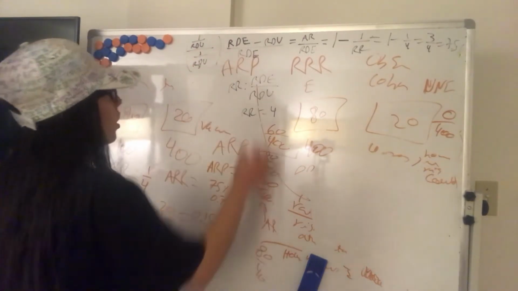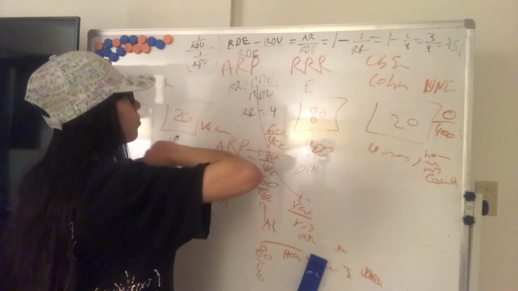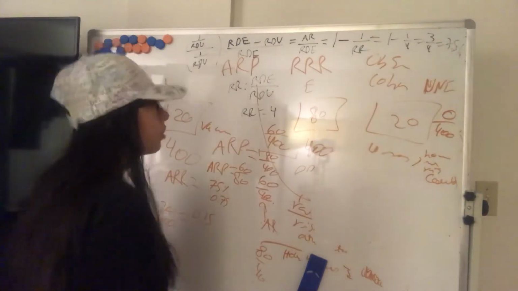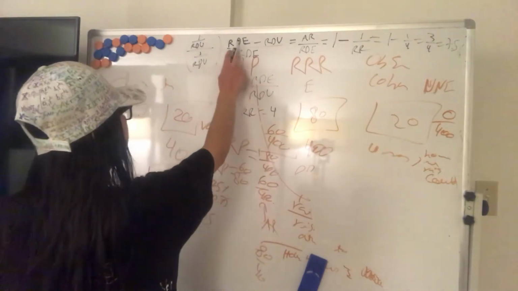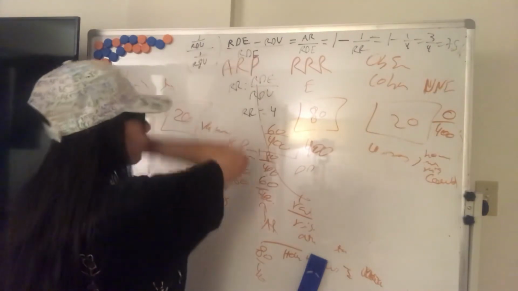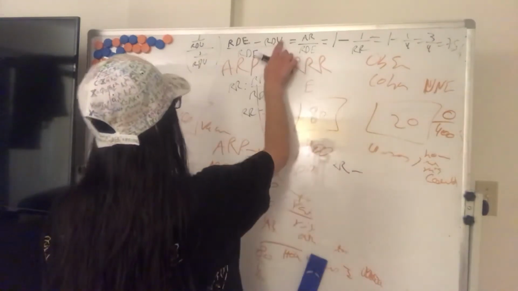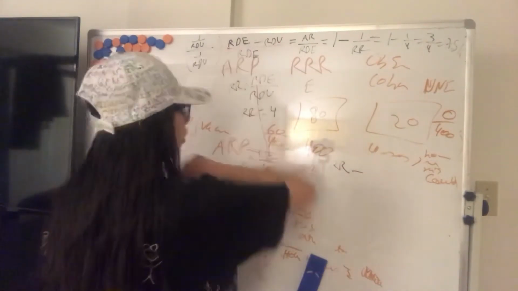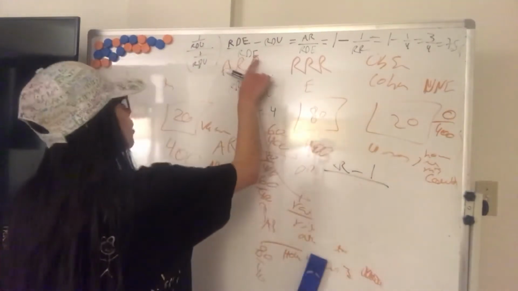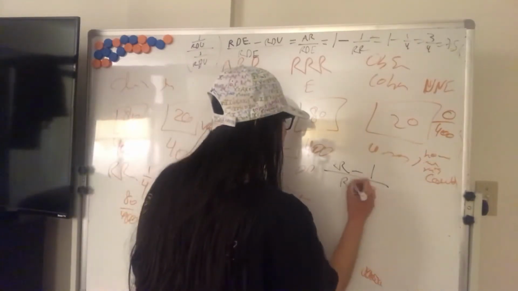Or you could think of it as: the numerator I'm going to divide by the rate of disease in the unexposed group, and the denominator I'm going to divide by the rate of disease in the unexposed group. So I would have the rate of disease of the exposed group divided by the rate of disease of the unexposed group, which is the relative risk, minus the rate of disease of the unexposed group divided by the rate of disease of the unexposed group, which is 1, divided by the rate of disease of the exposed group divided by the rate of disease of the unexposed group, which is the relative risk.